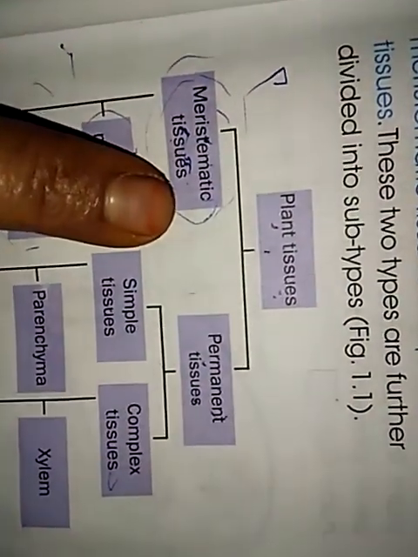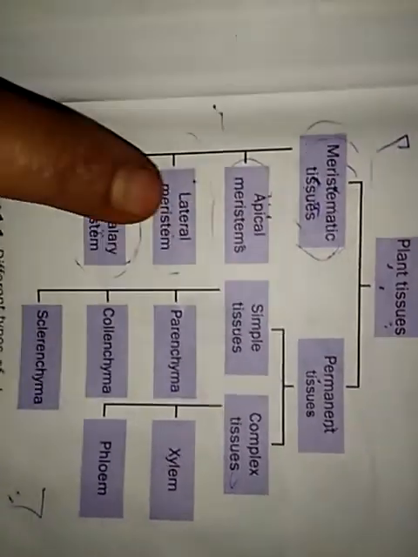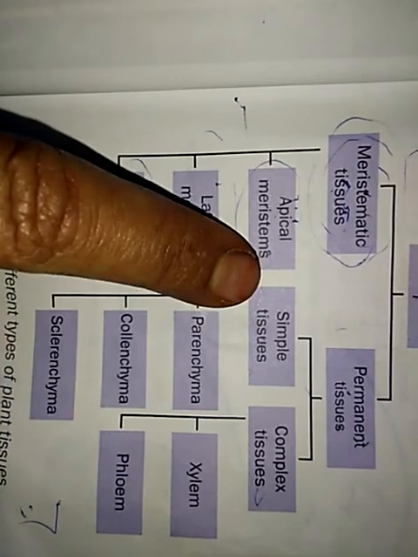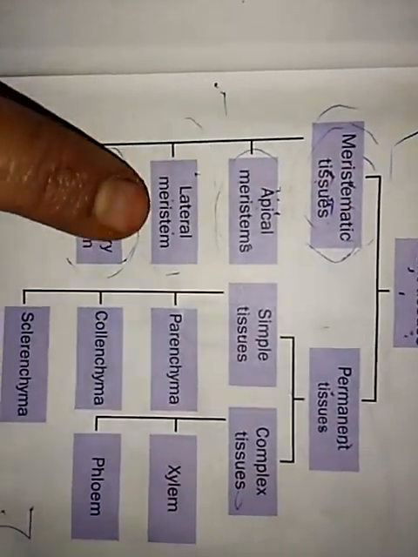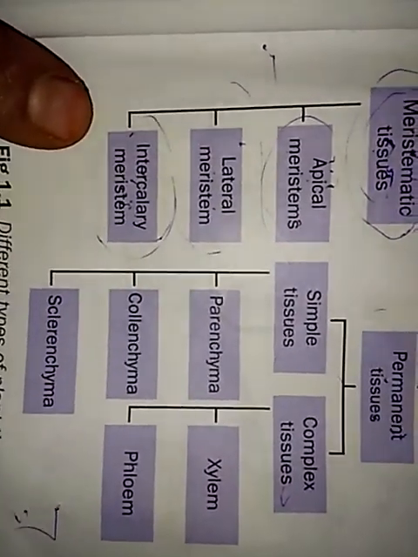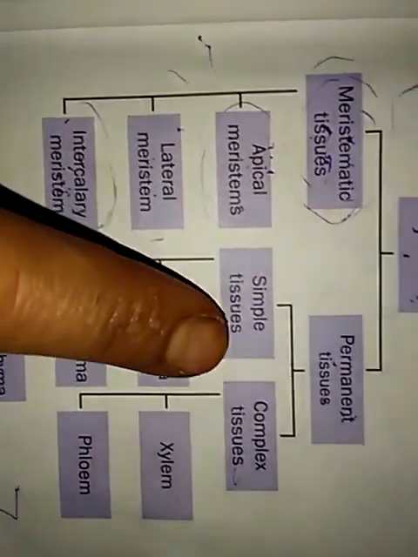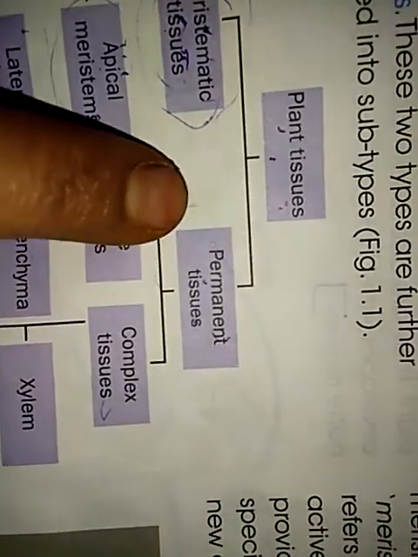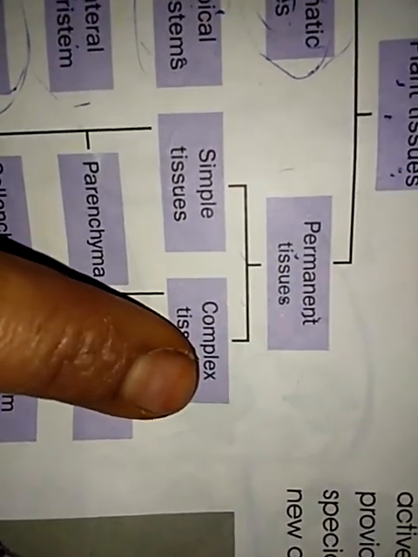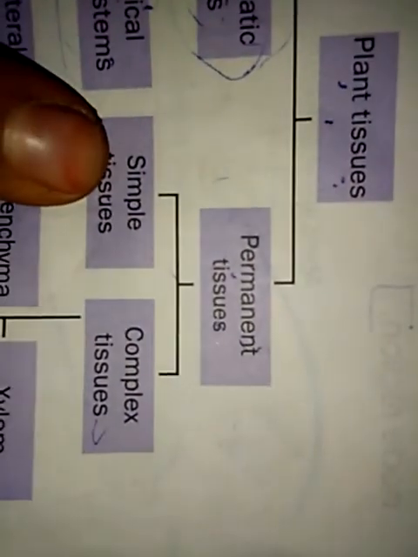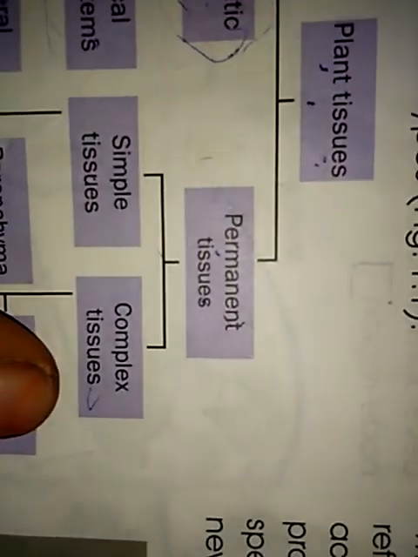Meristematic tissues are divided into three types: apical meristem, lateral meristem and intercalary meristem. And permanent tissues are divided into two types: simple tissues and complex tissues.